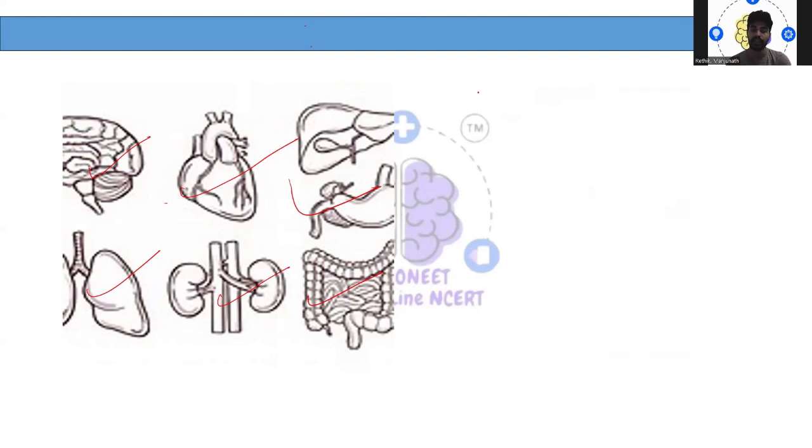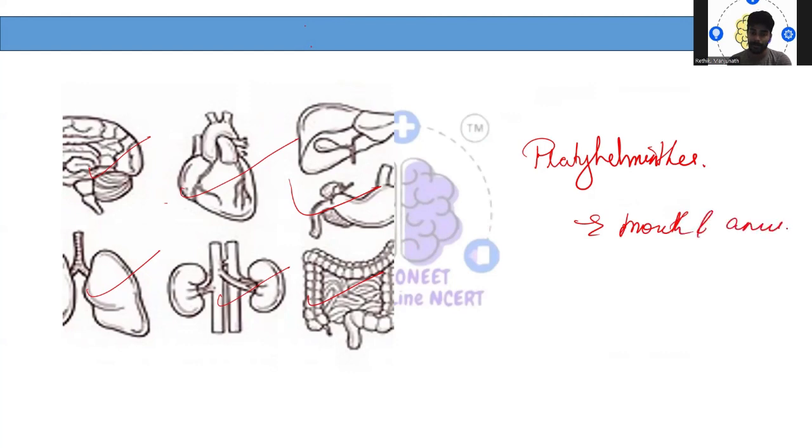Here we have two things: incomplete and complete. For example, in Platyhelminthes, as I gave an example previously, there is a single opening, and it serves as both mouth and anus.